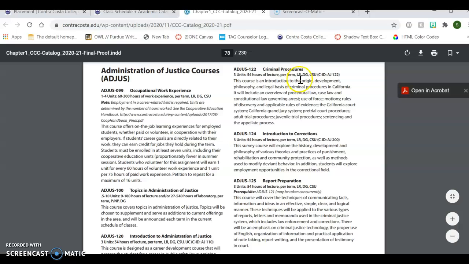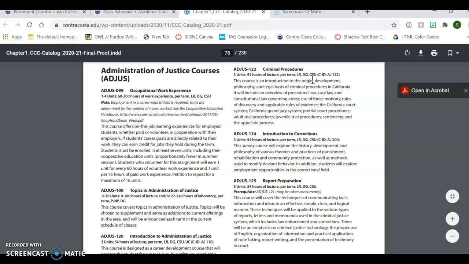The other notes here, the LR means that this is a course you would get for a letter grade, A, B, C, D, or F. DG means it's degree applicable. And CSU means that it transfers to a CSU.